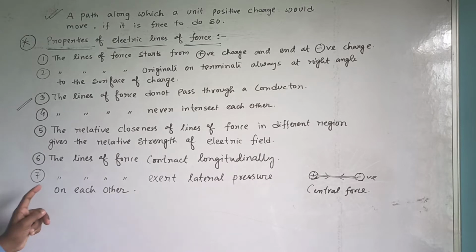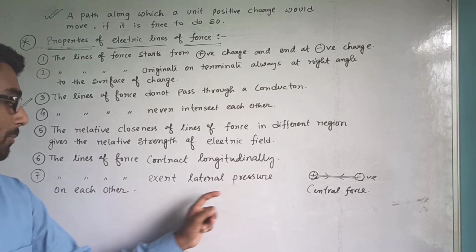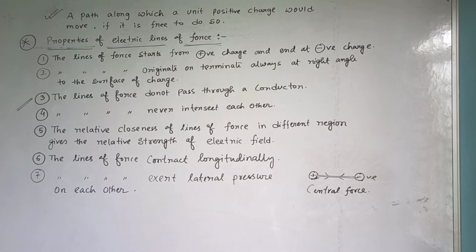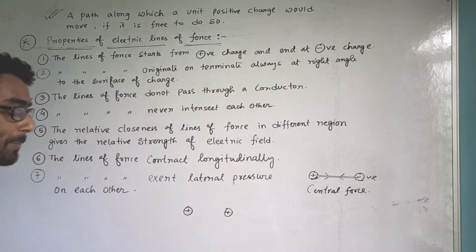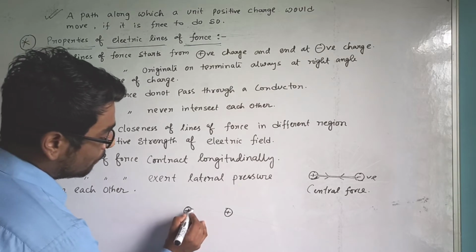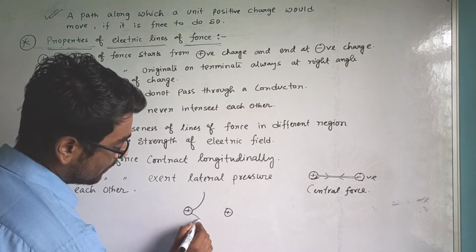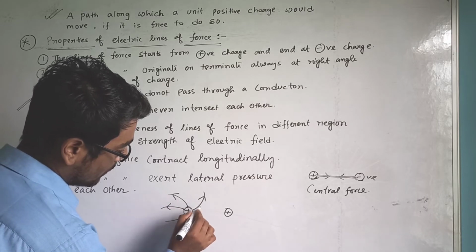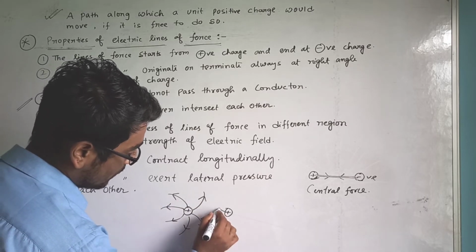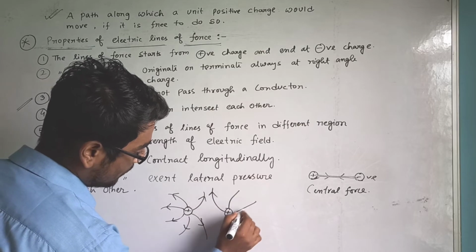The last point, the lines of force exert lateral pressure on each other. Now suppose we have considered two positive charges. So the lines of force will be like this. It will emit here also in this way.